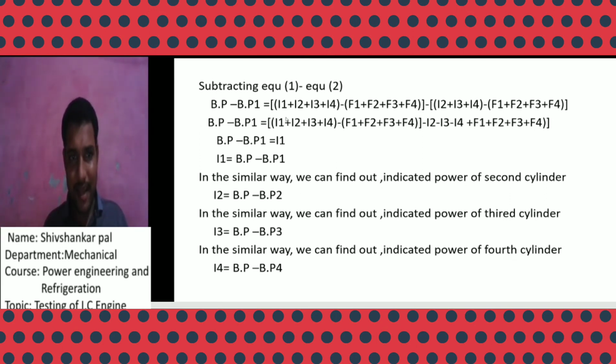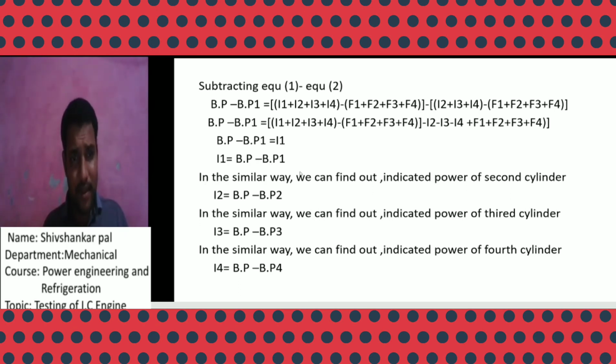You can see that I2 is cancelled by I2, I3 by I3, I4 by I4, F1 by F1, F2 by F2, F3 by F3, and F4 by F4. So brake power minus BP1 is equal to the indicated power of cylinder 1. So I1 is equal to the total brake power minus BP1.